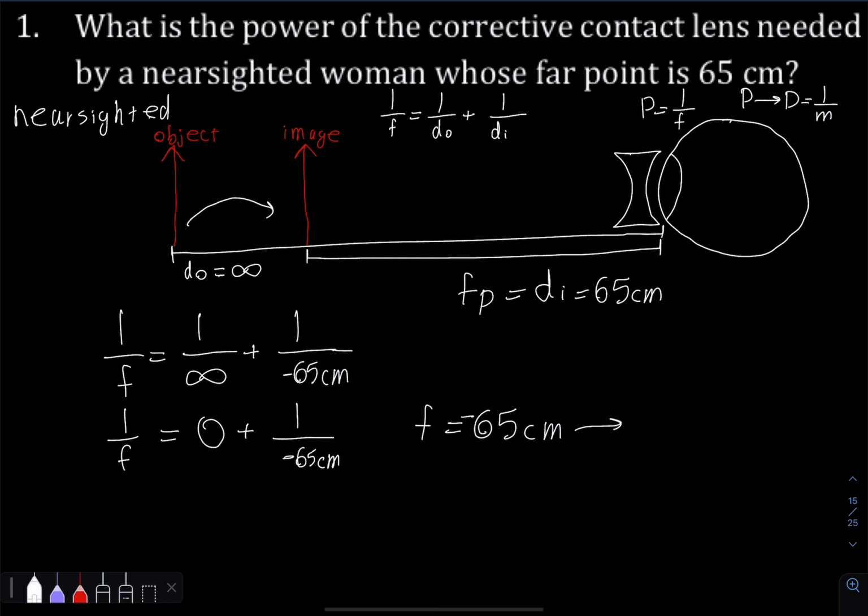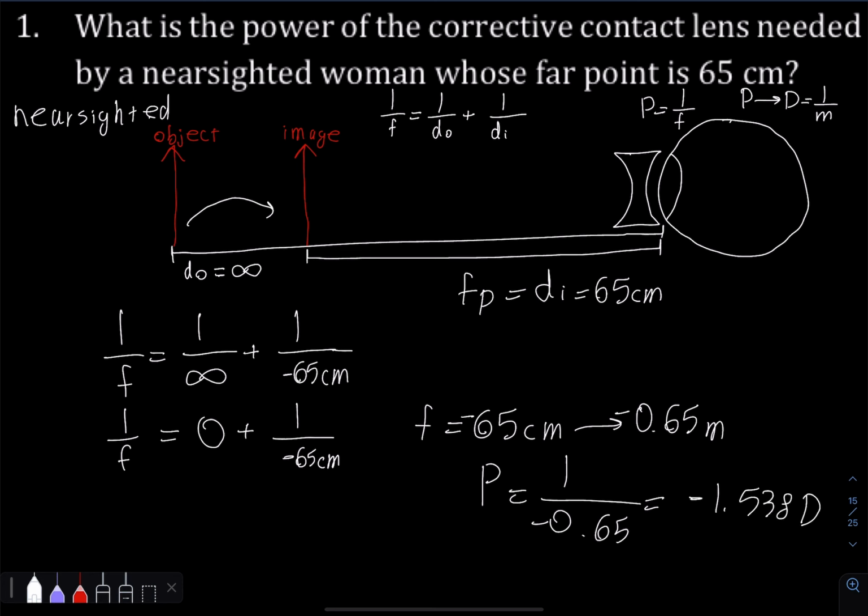If you convert that to meters so that we can get the power, it will be 0.65 meters, but again negative. And then for power, it's 1 over the focal length, so negative 1.538 diopters is the answer.